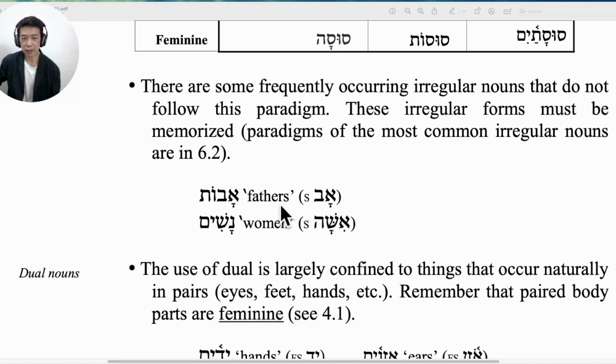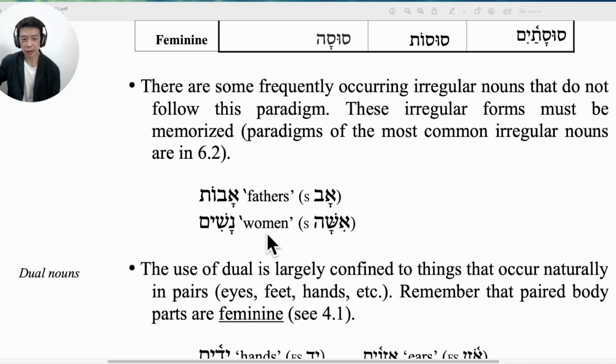But for fathers, it's avot. The singular form for woman is isha. But for the plural form of woman, meaning women, it's nashim.